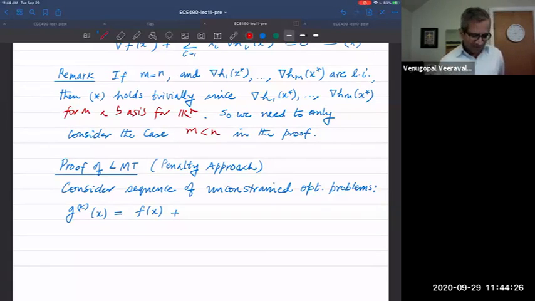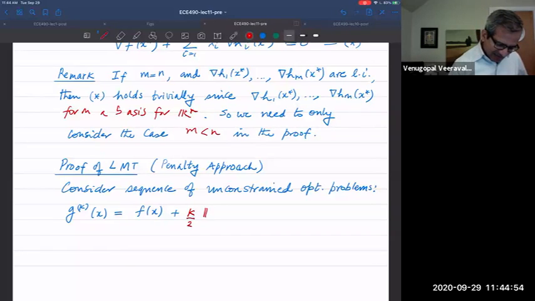Okay, so what's a penalty approach? We're going to relate the constrained optimization problem to something we know about, which is unconstrained optimization, which we have studied in great detail so far. So let's take the function f and add to it a couple of things. That's why this is called a penalty approach, because I'm going to add something related to the constraint.